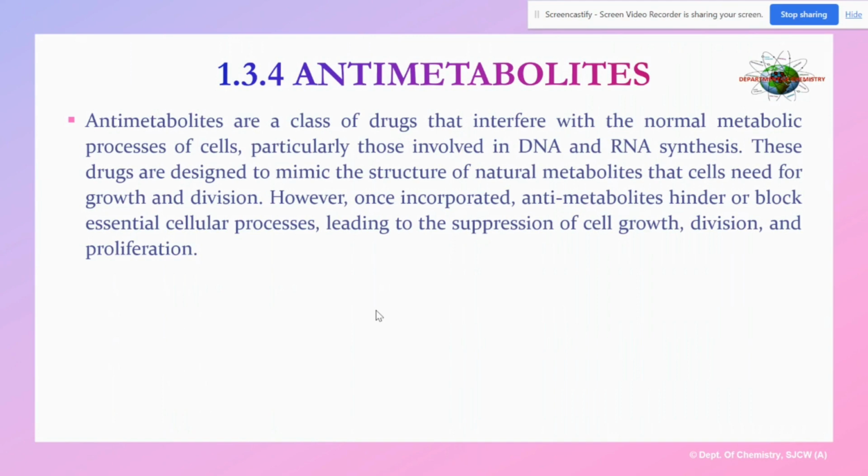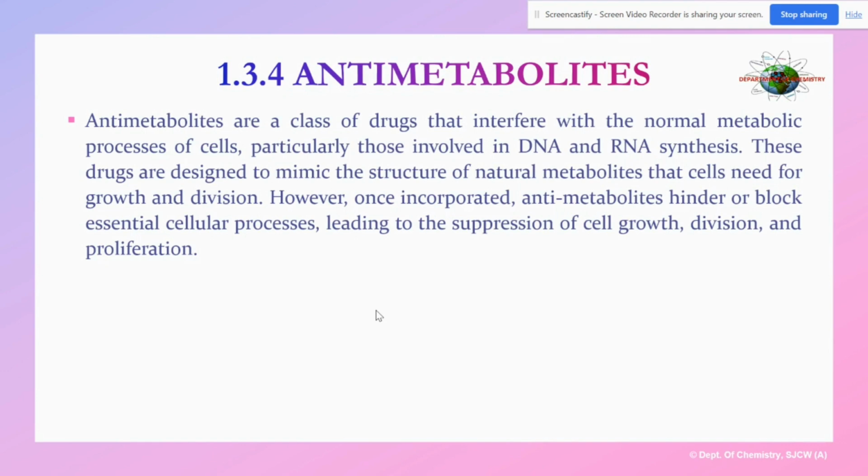These drugs are designed to mimic the structure of a natural metabolite that cells need for growth and division. However, once incorporated, antimetabolites hinder or block essential cellular processes, leading to the suppression of cell growth, division, and proliferation.